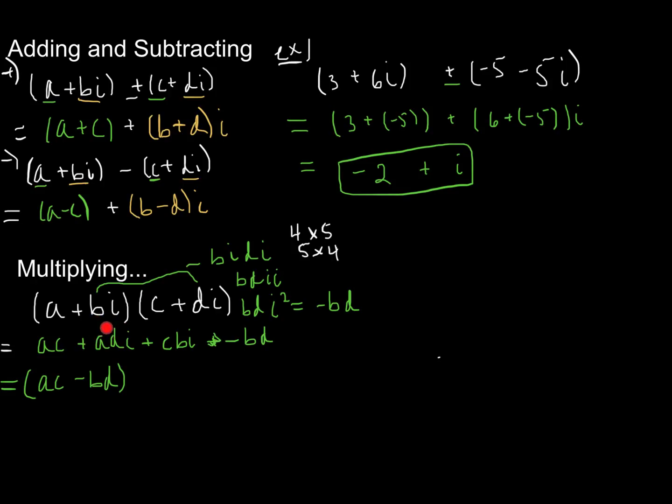Imagine that a times d is 4 and c times b is 5. If you have 4 i's plus 5 i's, you have 9 i's. In other words, you're adding a times d and c times b, and that's the number of i's you'll have. So plus ad plus cb times i. And that is how you multiply complex numbers.